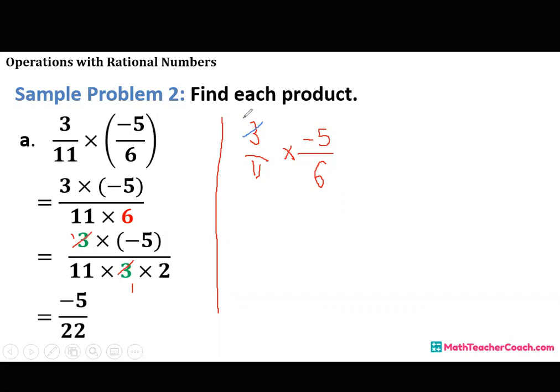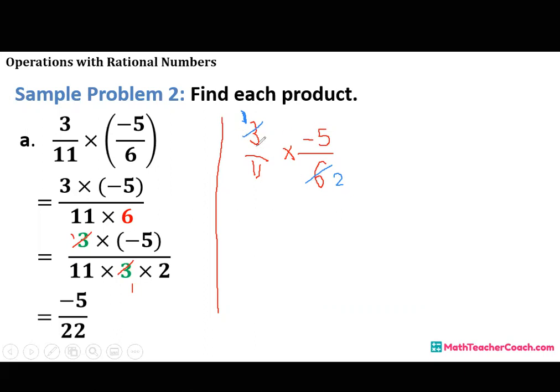So 3 divided by 3 will be equal 1, and 6 divided by 3 equals 2. Now, this one is already written in relatively prime, and this one too.